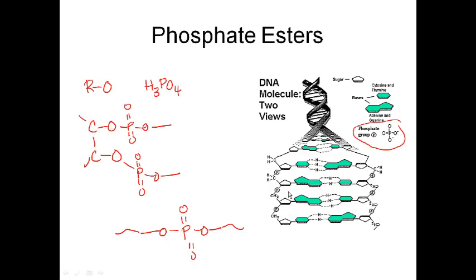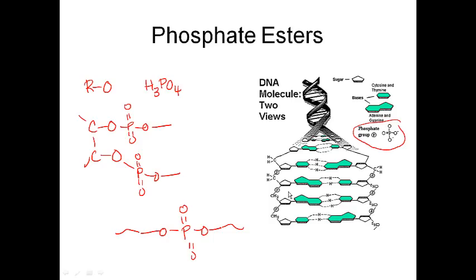Phosphate esters turn out to be very important in biochemistry, and you'll talk about those in DNA structure when you take biochemistry or genetics or one of the biology courses.